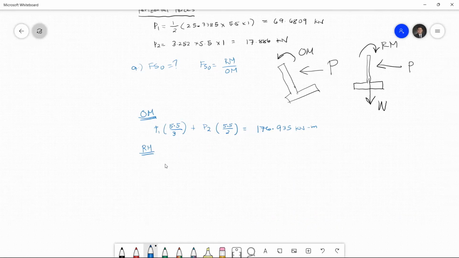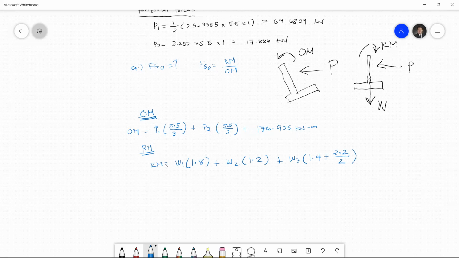So the righting moment is equal to W1, its distance to the toe is 1.8 meters, plus W2, the distance to the toe is 1.2 meters. For W3, the distance is 1.4 plus 2.2 over 2.